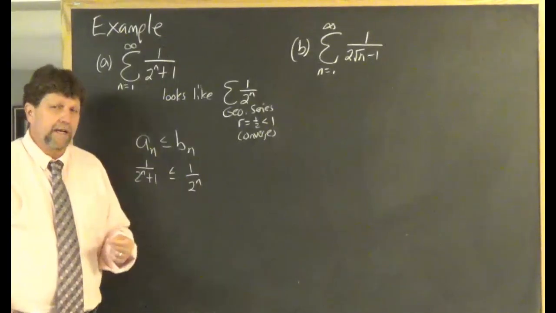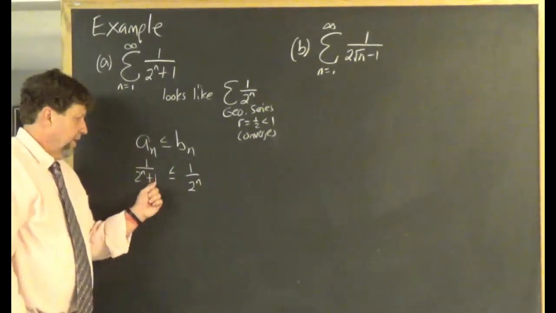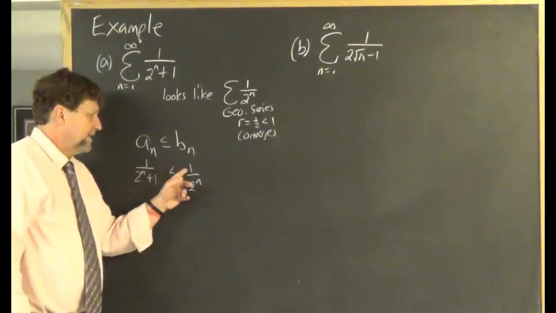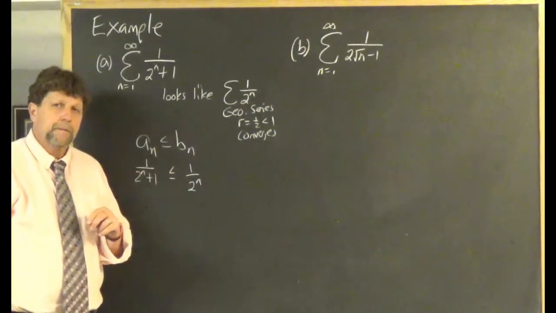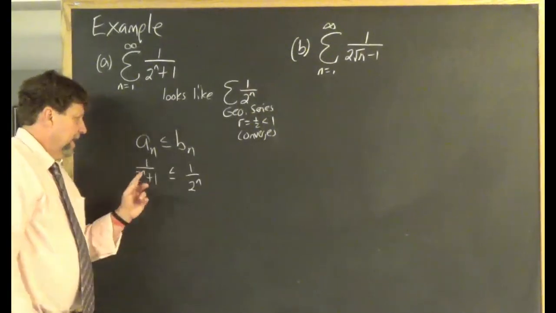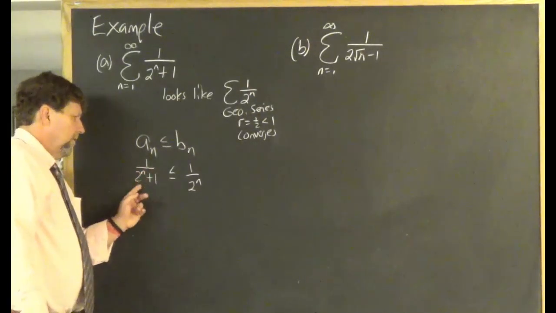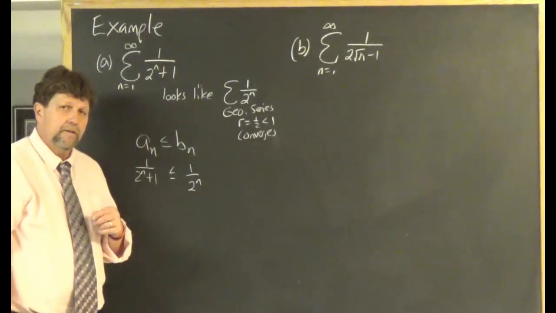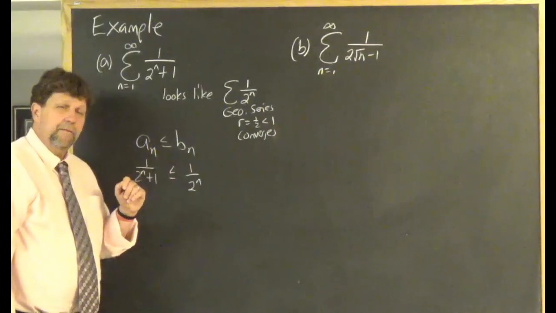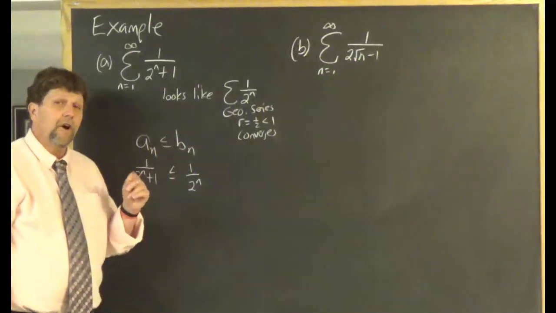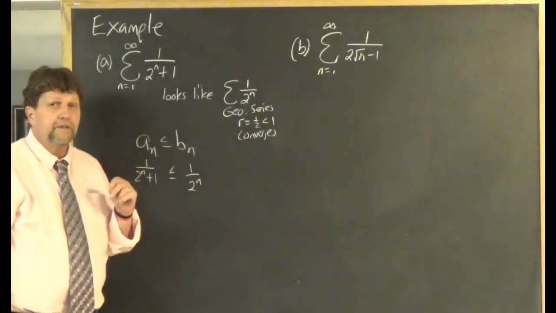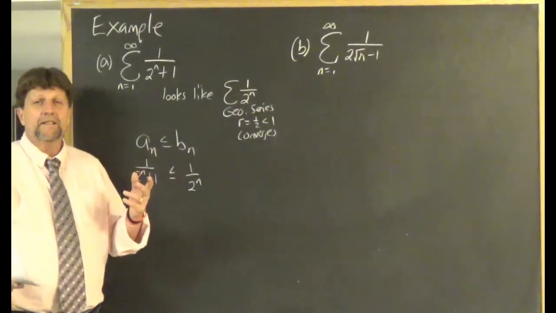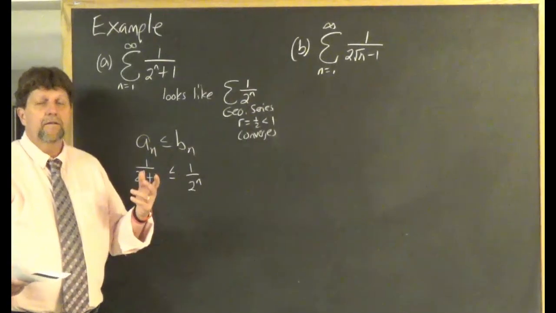Now here's an easy way to check that it's actually true. You have a fraction and a fraction. Notice both fractions have the exact same numerator. Also notice this denominator will be a little bit larger than this denominator. When the numerators are the same, the fraction that has the larger denominator is going to be the smaller fraction. Compare 1/6 to 1/8.